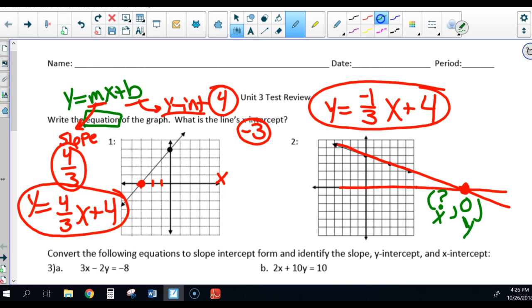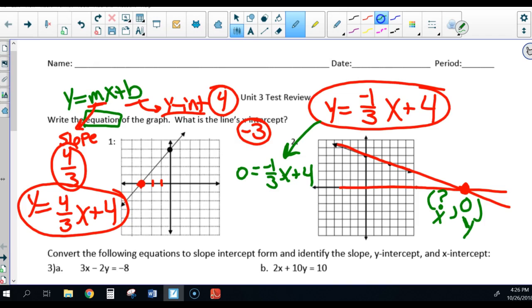Well, the easiest way to do that is to go to this equation and make your y 0. So 0 equals -1/3 x plus 4. Now I have an equation I can solve for x with. You can do that using opposite operations the way you have been taught, or you can use numerical solve on your calculator.